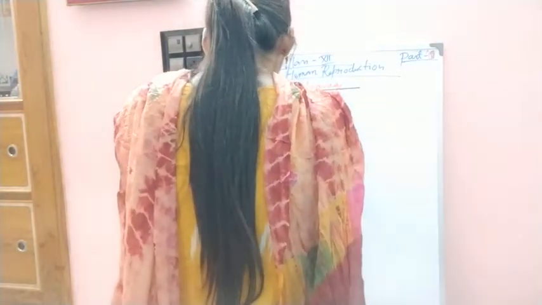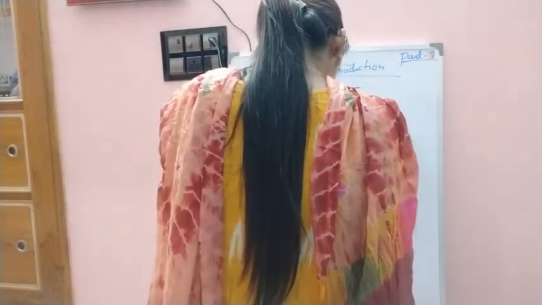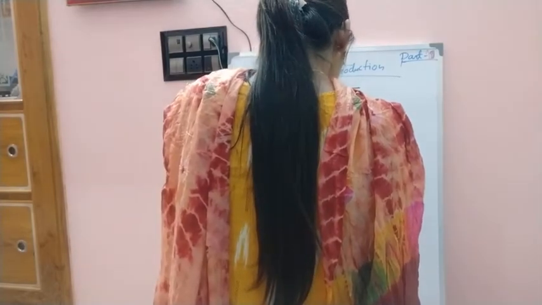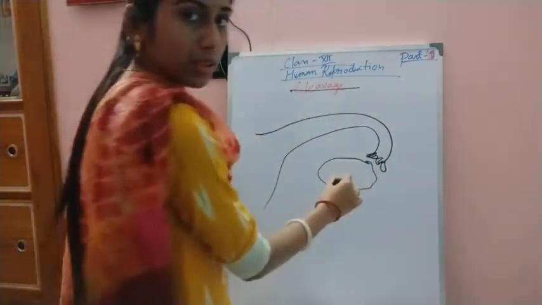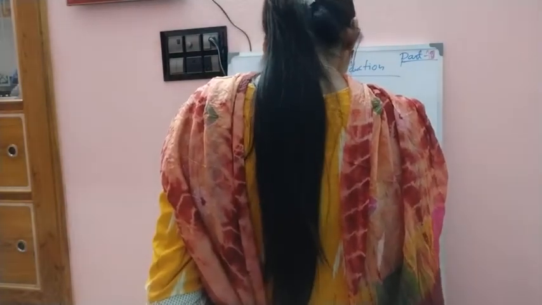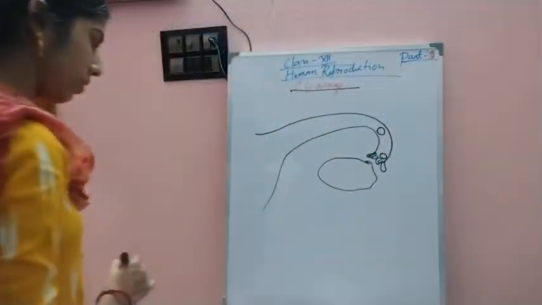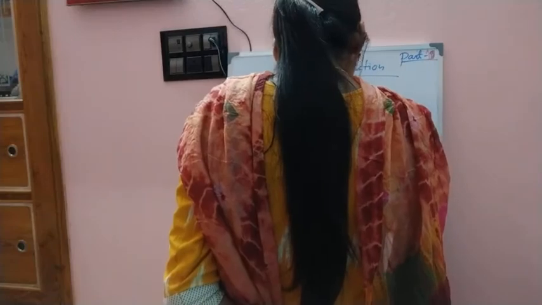So first we'll draw the diagram. Just imagine that is the ovary and that is the structure of the fimbriae. From the ovary the ova will be released, and in that region fertilization will take place, and after fertilization the first cleavage will be there.